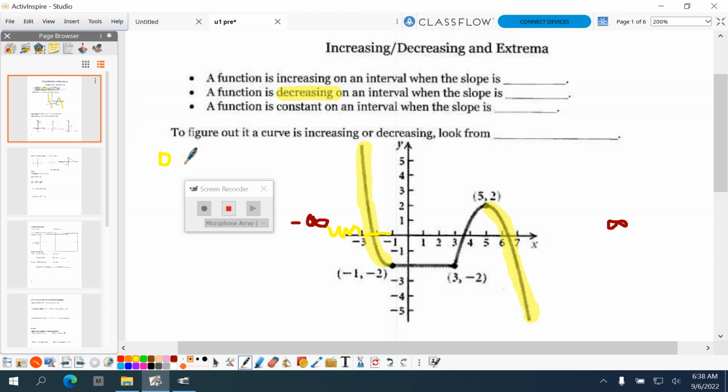Decreasing, the first place where it's going downhill, we use parentheses any time we're describing coming from negative infinity or going to positive infinity, and it moves over to -1. That's one portion of this graph.